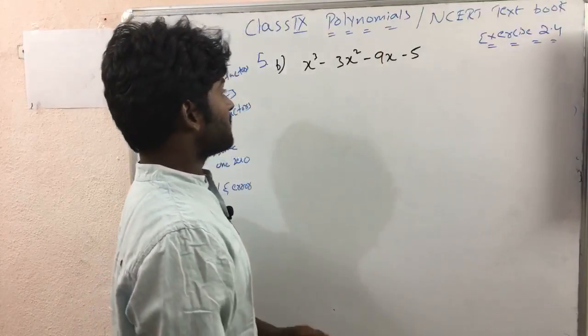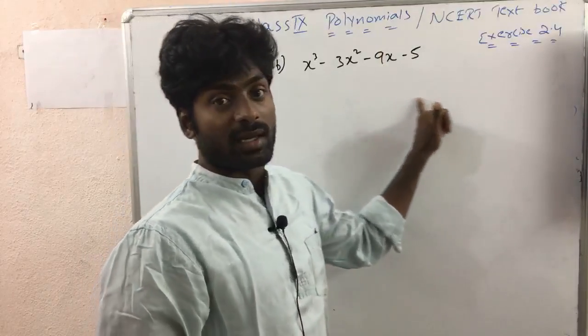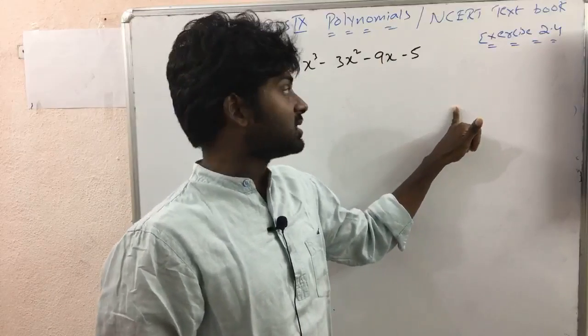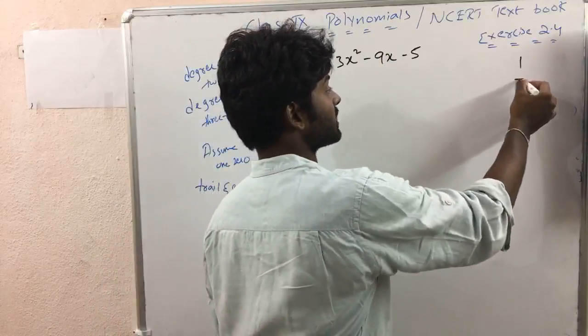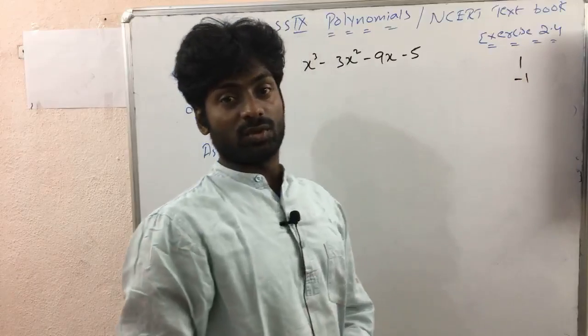Again, first of all you have to get 0 using the trial and error method. When you go with the trial and error method, first of all we start with plus 1, and next minus 1, and 2 and minus 2.